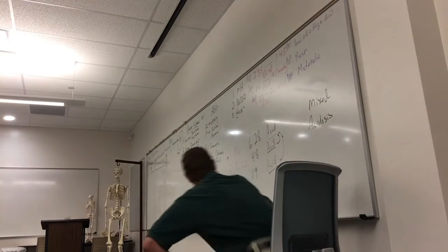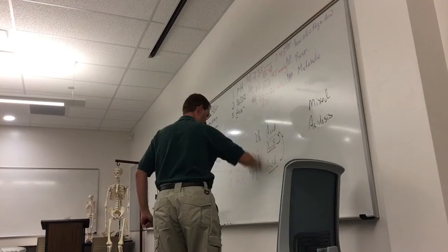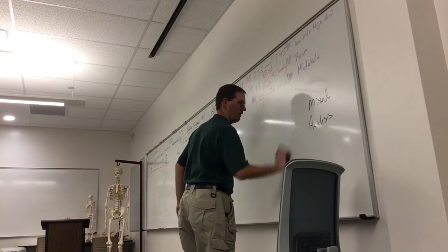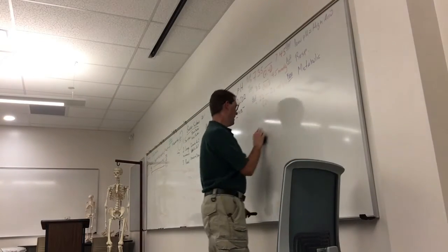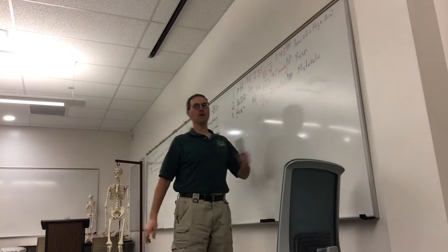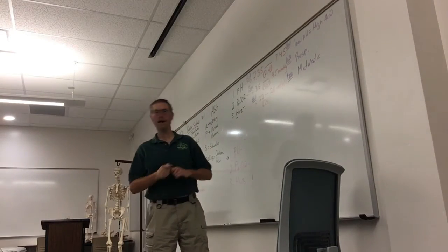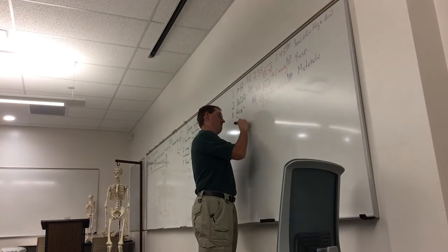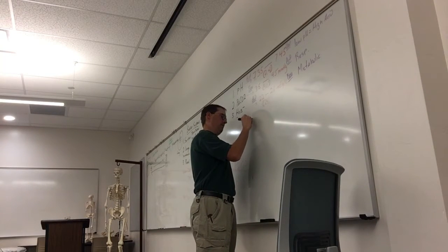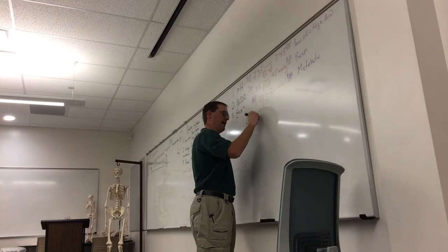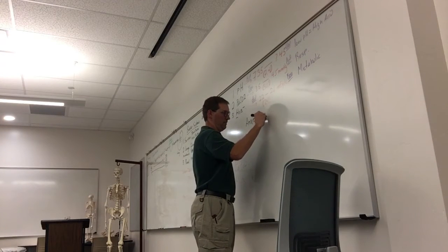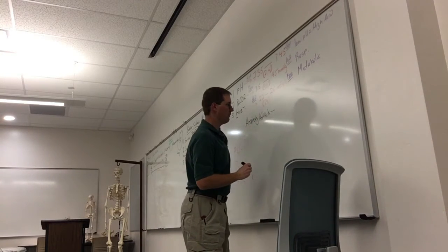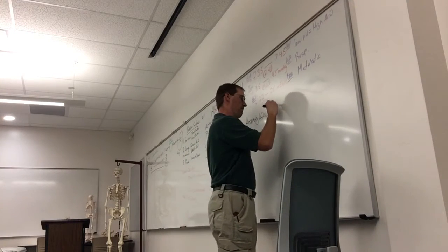All right, so now what I'm going to do is give you guys a few different disorders. I'm going to give you guys an anxiety attack. I'm going to give you guys pain.